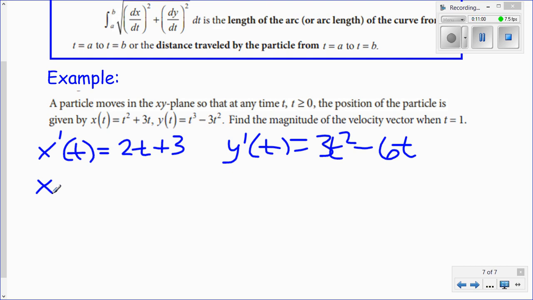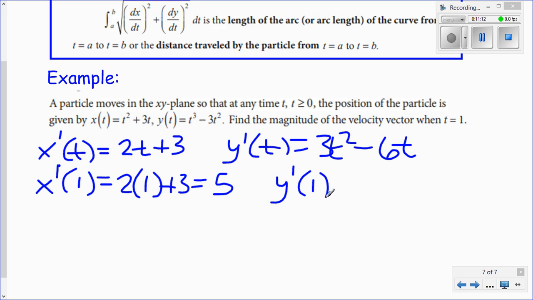And then we're going to plug in a 1. So x prime of 1 equals 5, and y prime of 1 equals negative 3.